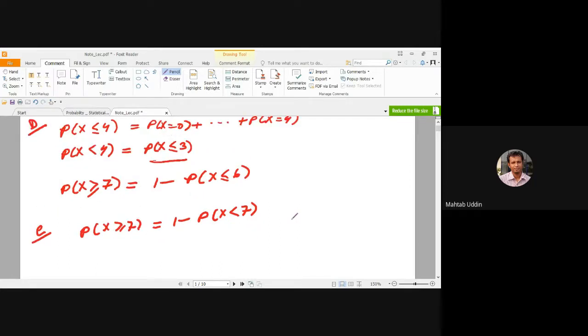Now you can ask me why 7 in both cases. Actually, in case of discrete, before 7, this is 6. But in case of continuous type, before 7, this is not exactly 6. Since this is continuous, it can be 6.5. This can be 6.9. It can be 6.99, 6.999, 6.9999. That is, it is very close to 7. Am I right? Yes, sir.